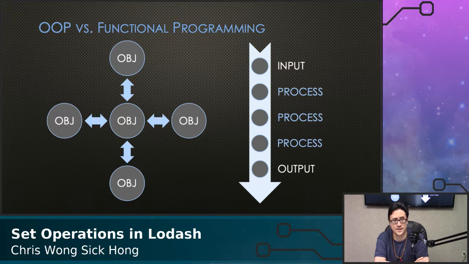And so that distinction between groups of interacting agents versus one pipeline you kind of cram data into and cram data out of is one of the conceptual distinctions that, if you use that as your guiding metaphor, can make it a bit easier to switch over, so that you're not constantly trying to figure out how you do something object-oriented in a functional programming paradigm, because it's just not going to work, because that's not how you're supposed to think of programs.